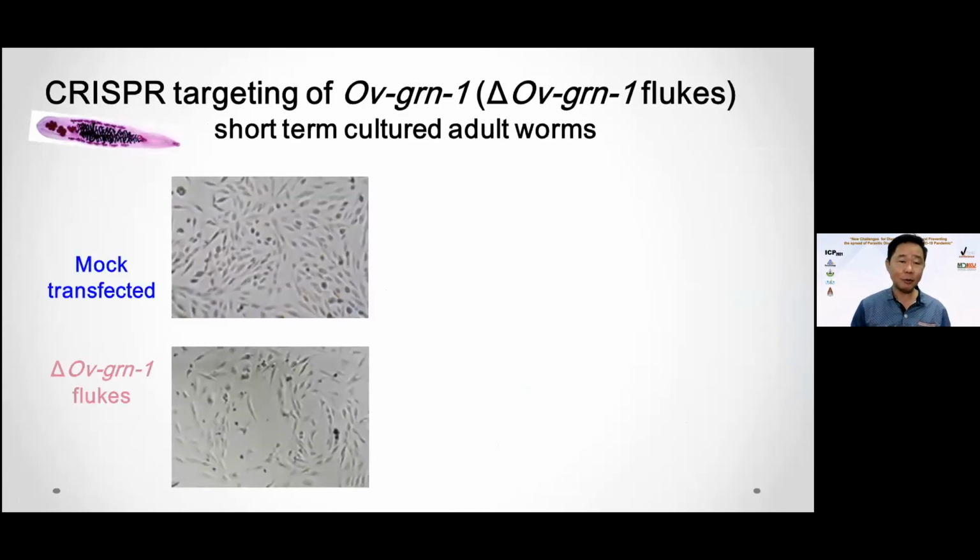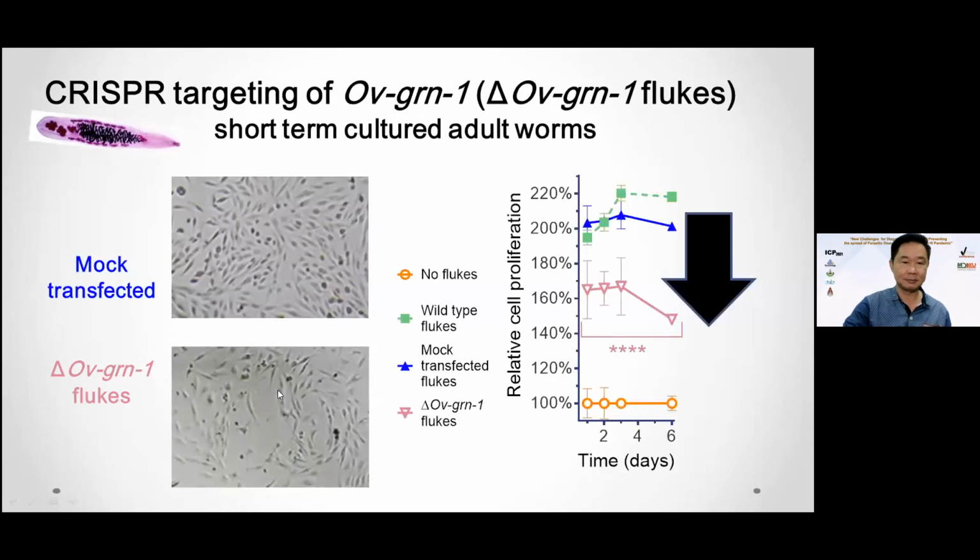Then we investigated the effects after knockout in vitro in culture. We transfected the worm with the plasmid again, and then cultured it with normal H69 cholangiocytes. You can see the cell proliferation is less with the OV granulin 1 knockout, almost 100% less cell proliferation compared to the control.